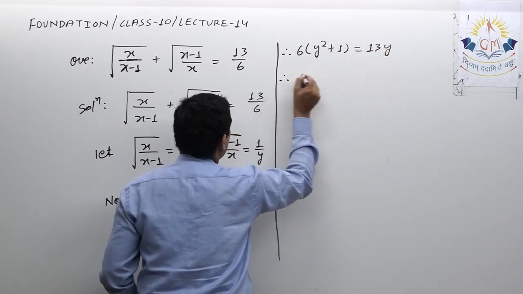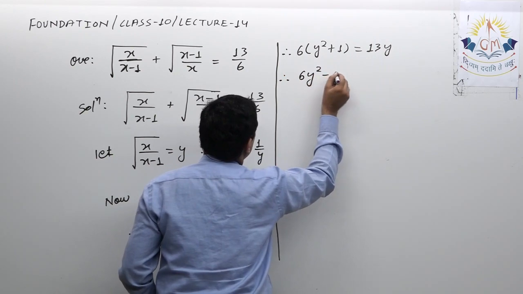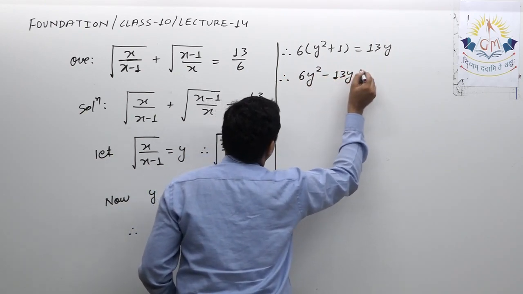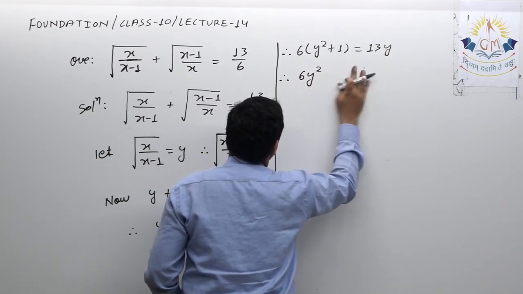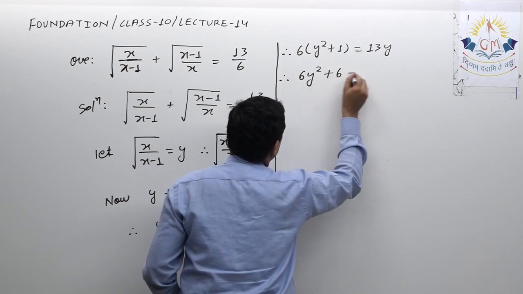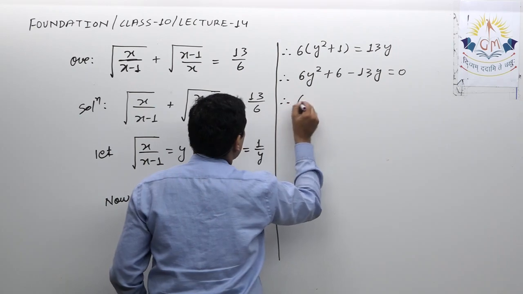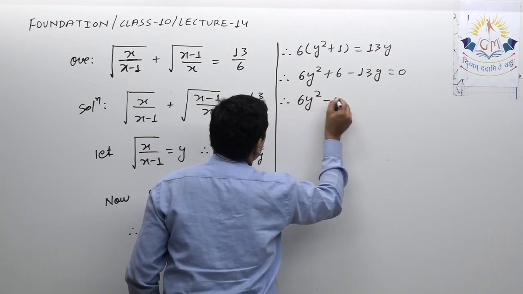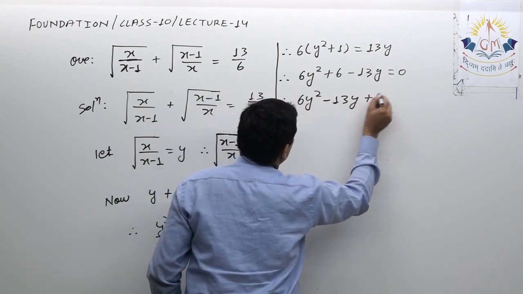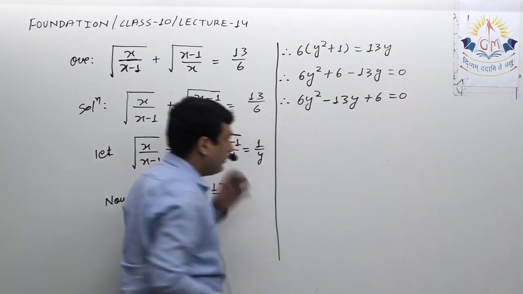So finally I will get 6y square plus 6 minus 13y is equal to 0. So ultimately it is 6y square minus 13y plus 6 is equal to 0.